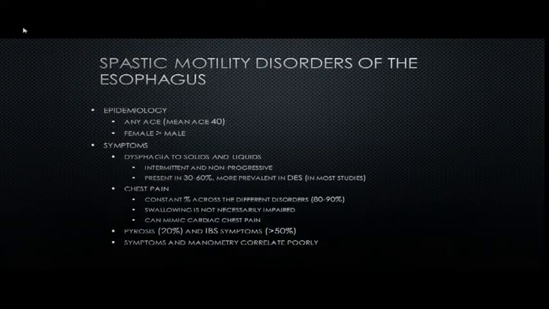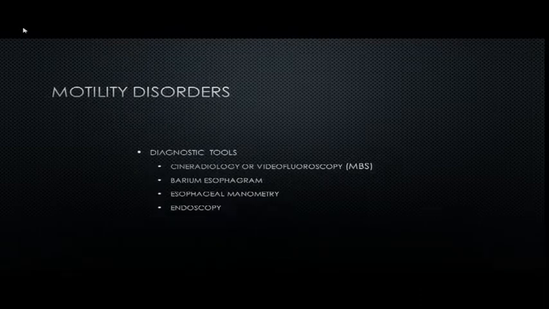So it usually occurs in patients of any age, with dysphagia to solids and liquids. It could be intermittent and non-progressive. And when these patients come in, the differential diagnosis is STEMI, pancreatitis, things like that. You just don't know what's going on, but they're having dramatic chest pain. So for the motility disorders, what we use is barium esophagram, manometry, and endoscopy.